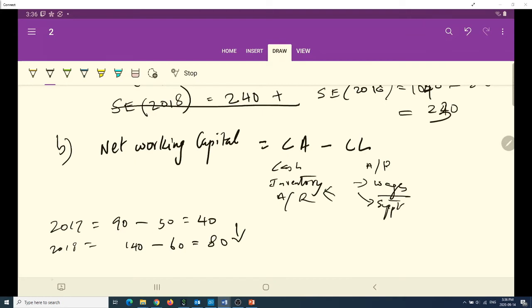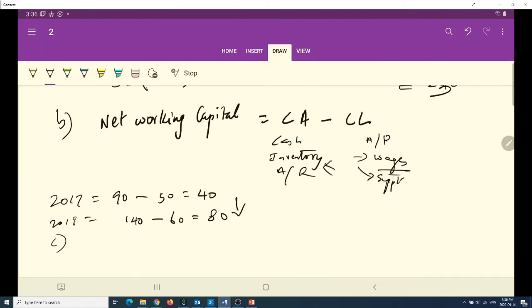And now 21 part C. What is the taxable income paid in 2018, assuming the firm pays a 35% tax rate? Okay, so 2018 revenue was 1950.